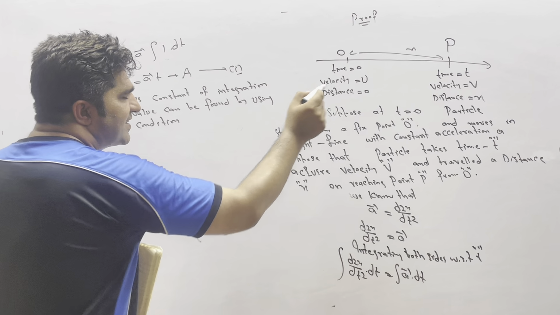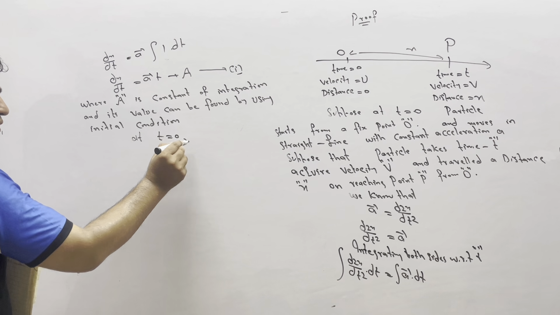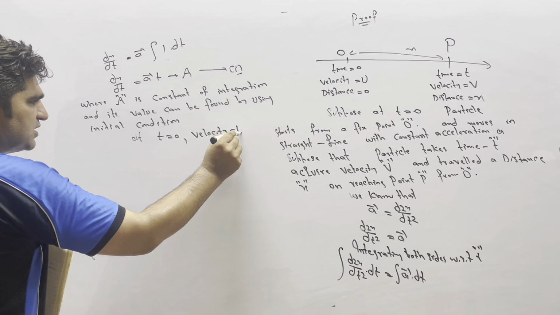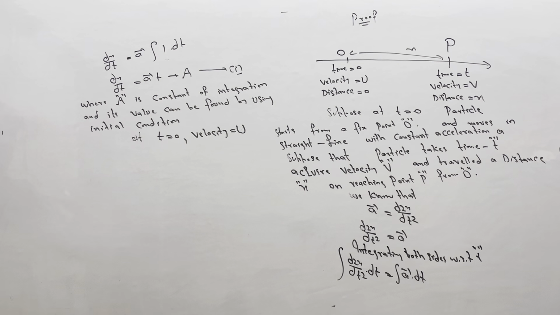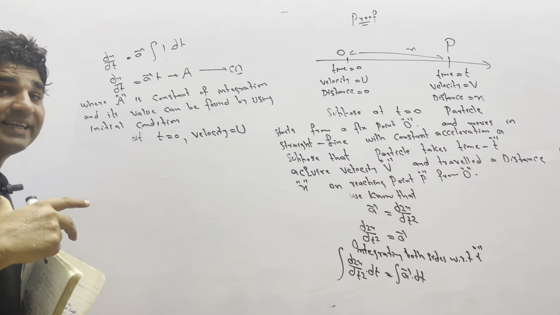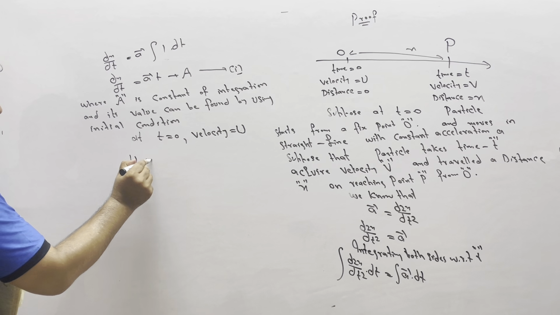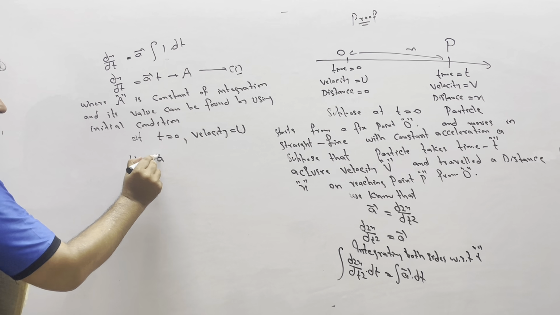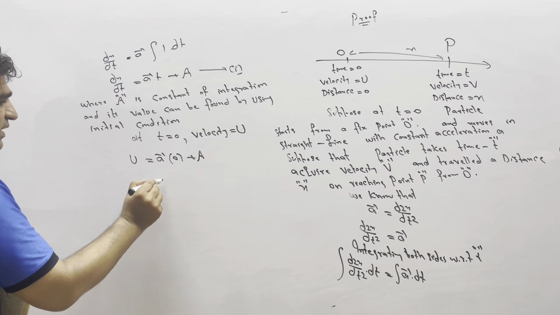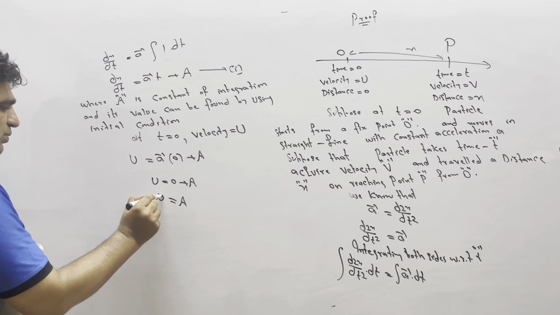These are the initial conditions: at t equal to 0, velocity is u. This dx over dt is a velocity, and at t equal to 0, velocity is u. It means I can write here u equal to a times t, where I put t equal to 0 because I'm putting here the initial condition, plus A. So I got 0 plus A equal to u. So I got capital A value equal to u.